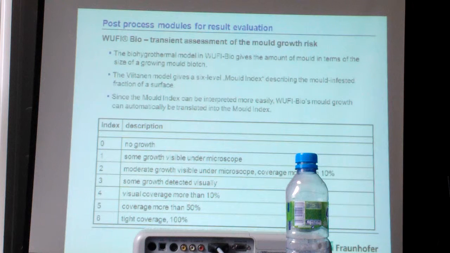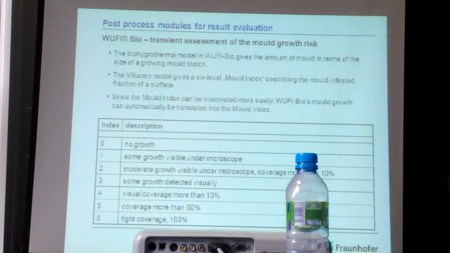But in your case, if you have this little air gap, you enter that in WUFI, you see the moisture or the isopleth there, and if you feed that in WUFI Bio, you will get mould or you will get no mould, depending on the relative humidity in your gap, and that's close to reality.